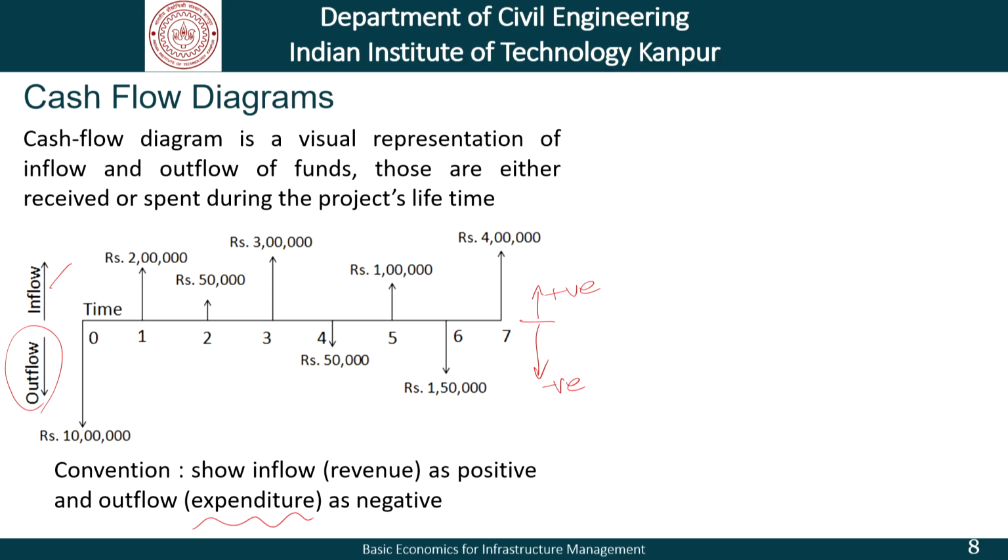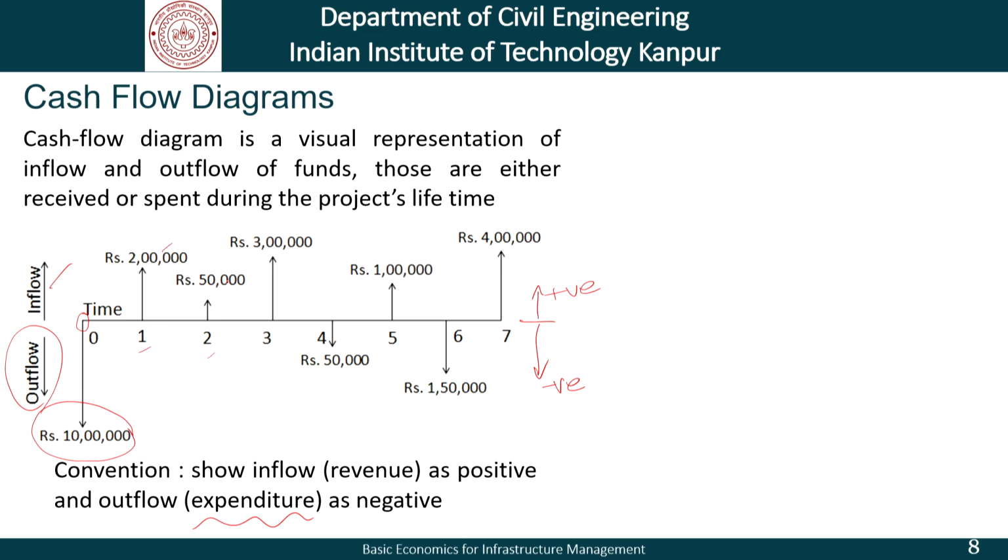And what does it show us? Here is an investment or a project that requires 10 lakhs or a million rupees at time t equal to 0. That is, we make an initial investment. Somebody makes an initial investment. It could be a bank, it could be a financial institution, and so on and so forth. Now, what are the returns of this? At the end of 1 year, you get 2 lakhs.